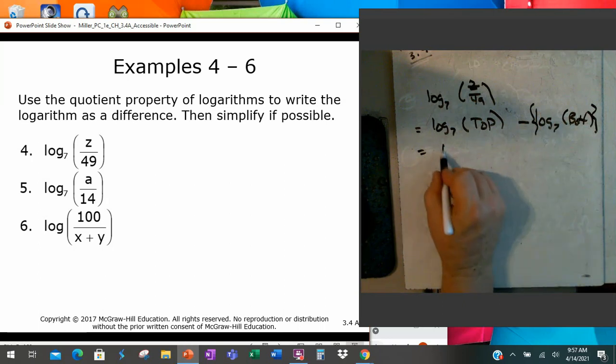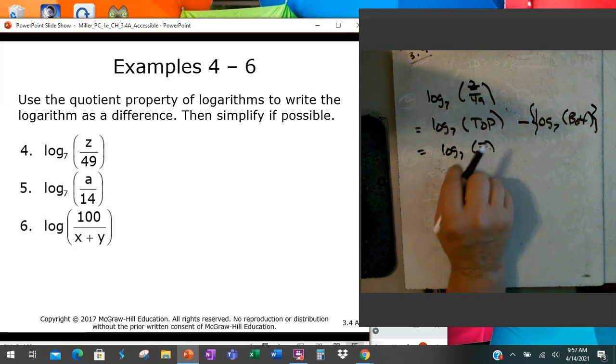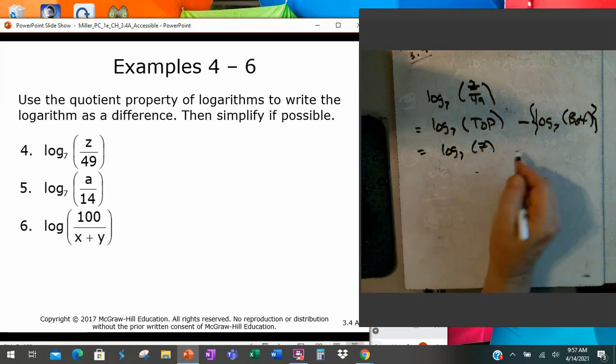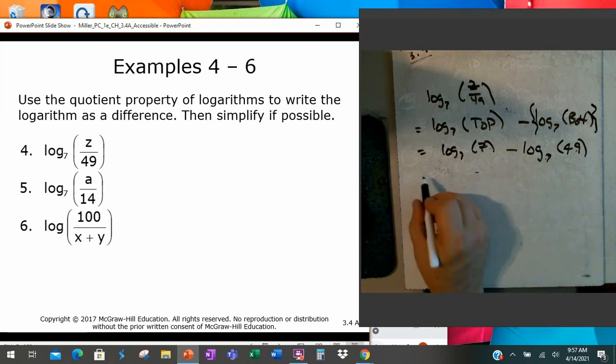So this is easy. This is just log base 7. What is the top? That's z. Nothing I can do here. There's no relationship between 7 and z. I have to wait around for that number. And this is just the 49. But here, is there any relationship between 7 and 49? 7 times 7, 7 squared.